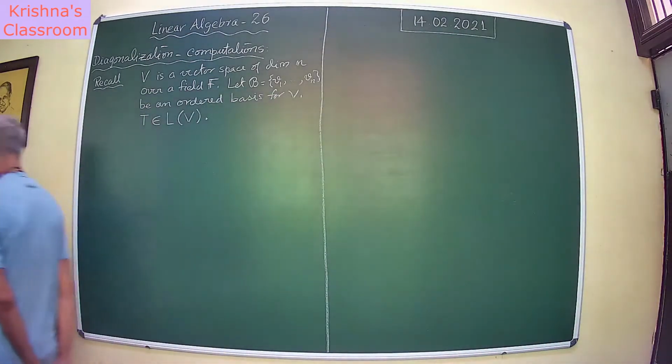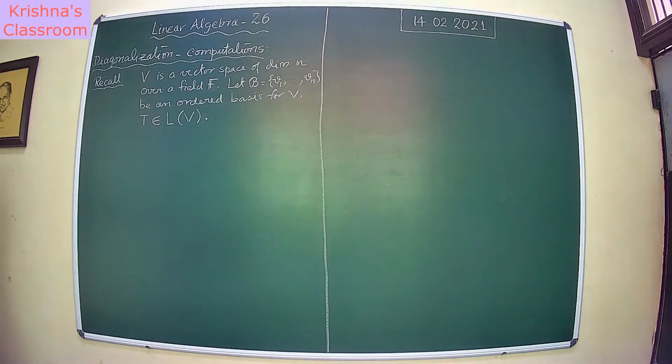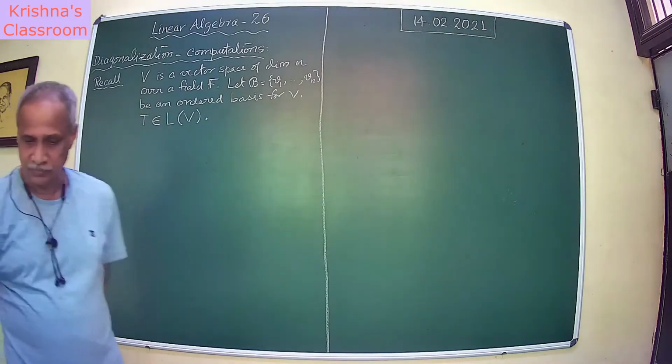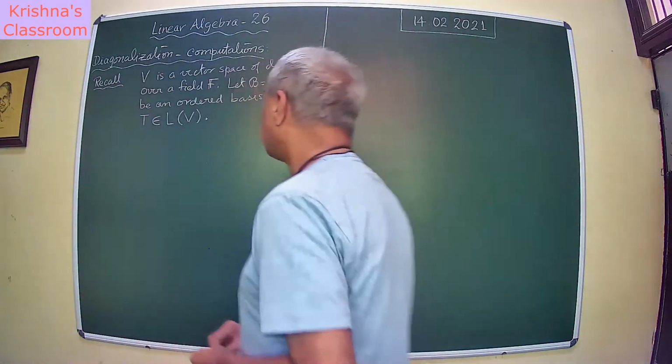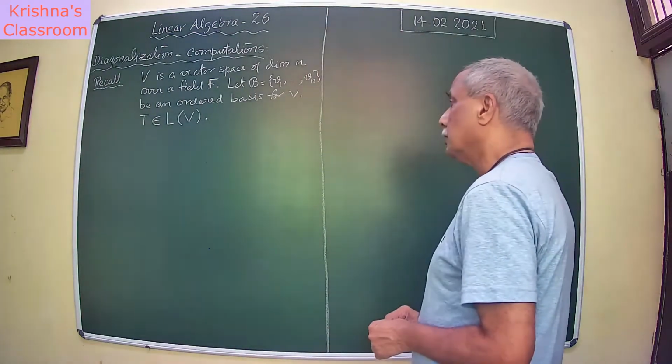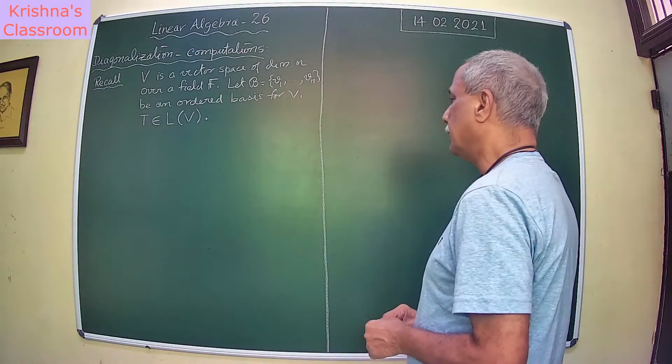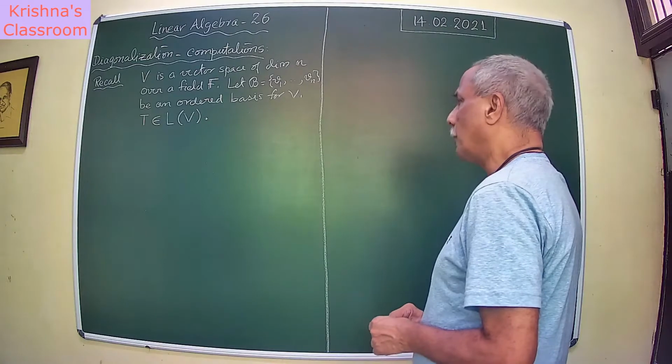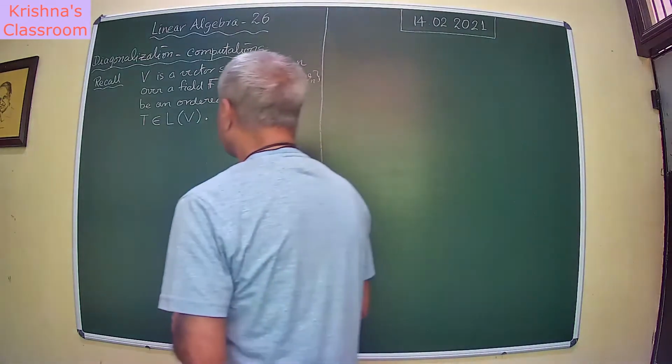One can construct an n by n matrix operating on Fn cross 1.